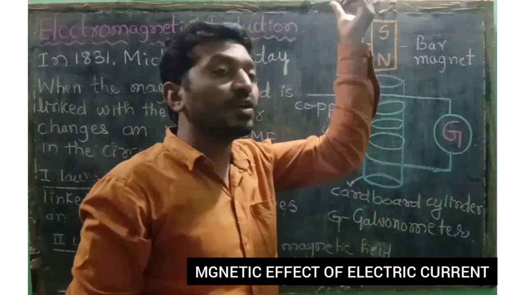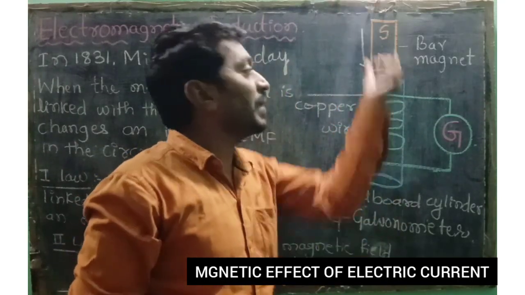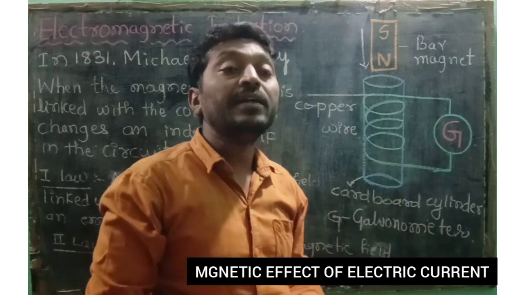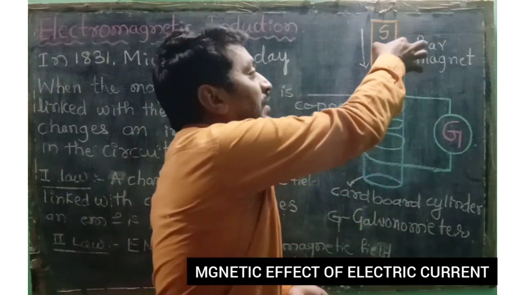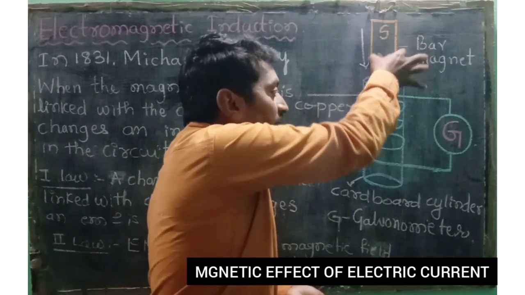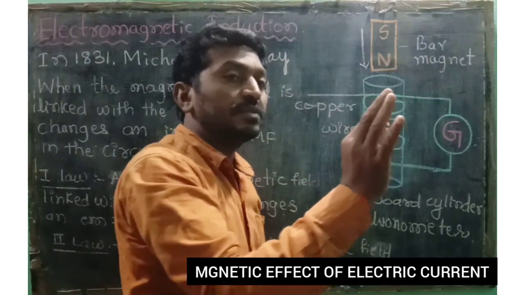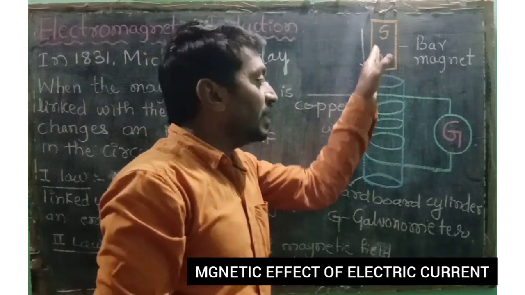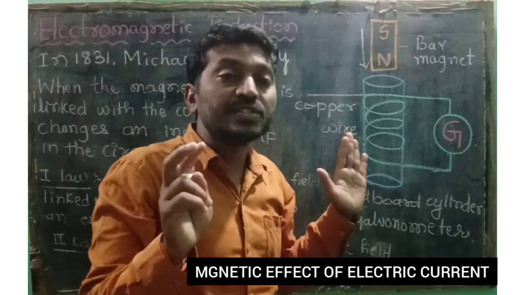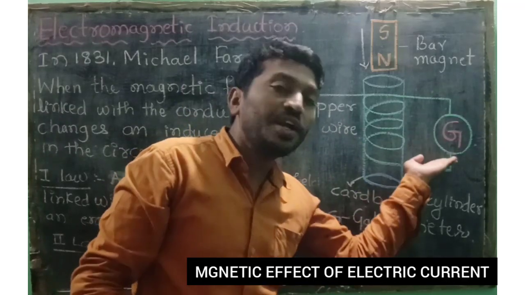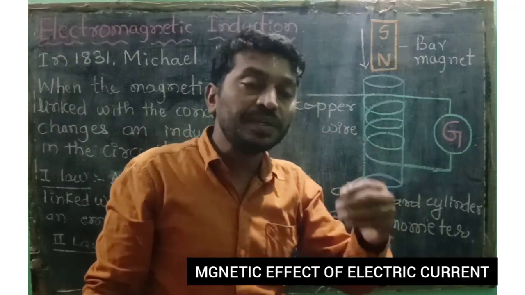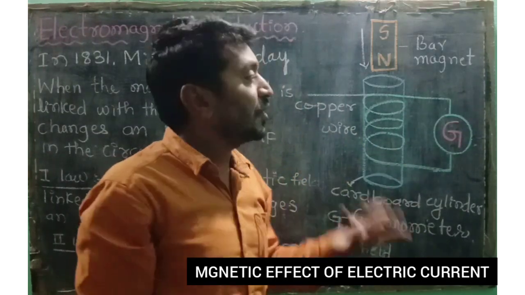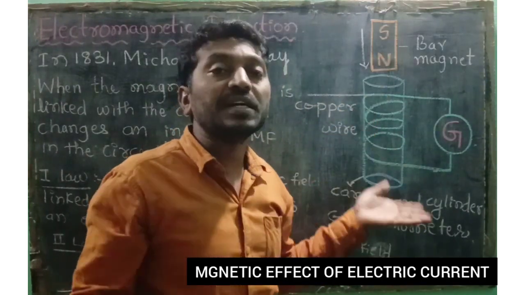When he took the magnet out of the coil, the deflection also increased. Next, he thrust the magnet into the coil and kept it there. Now the magnet and the coil are both at rest. There is no motion, so no electricity. The galvanometer does not show any deflection. Why? Because the magnet is also at rest.